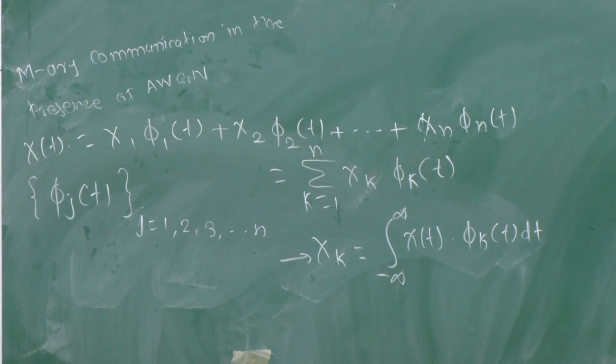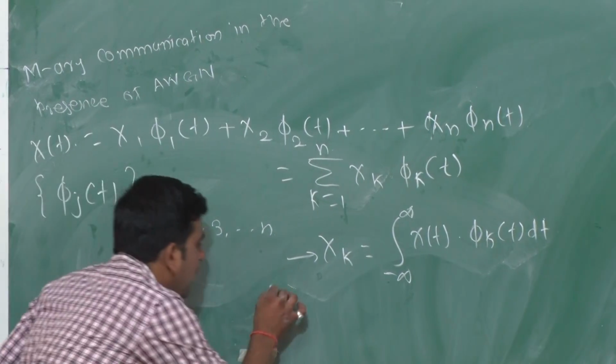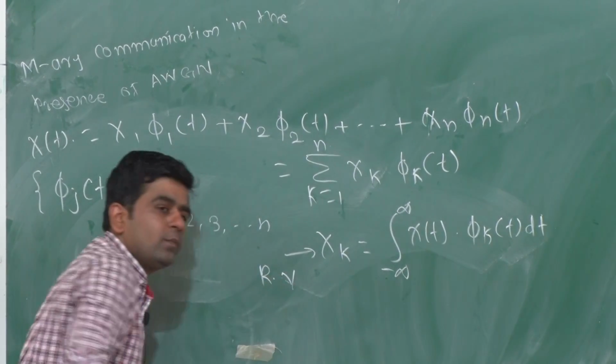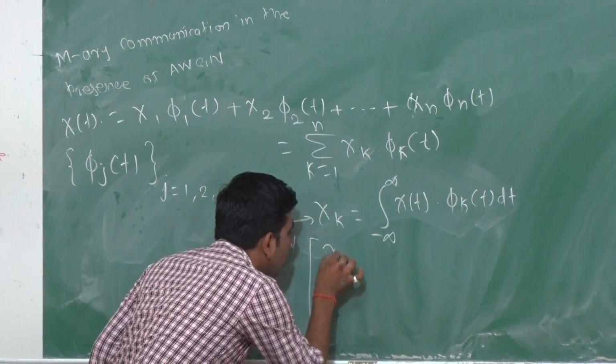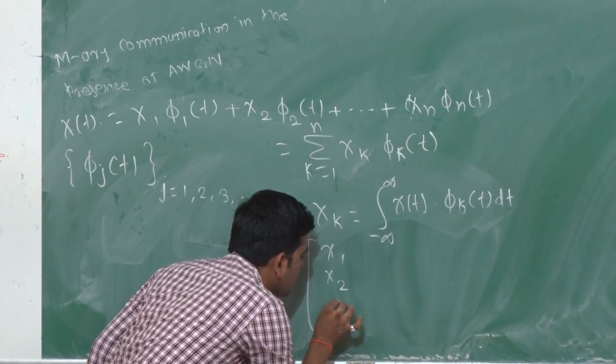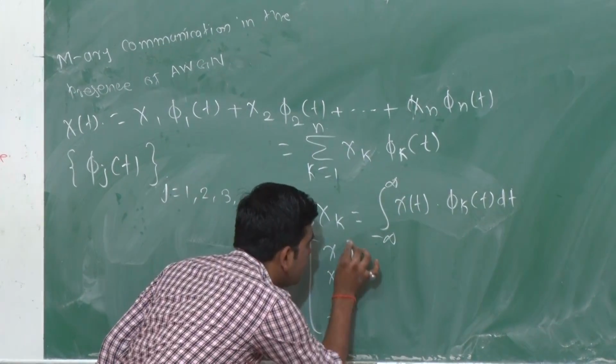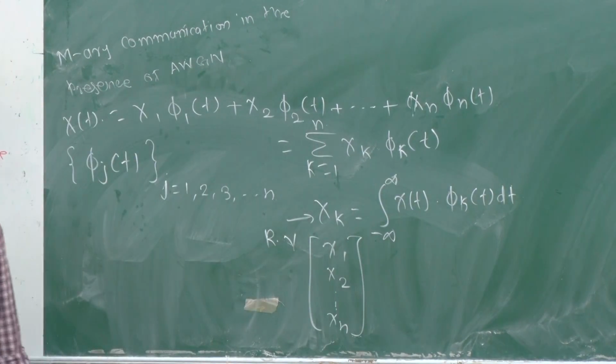So this xk is nothing but a random variable, which will give the values x1, x2 up to xn. So we can represent this by using their values. So this is a vector.